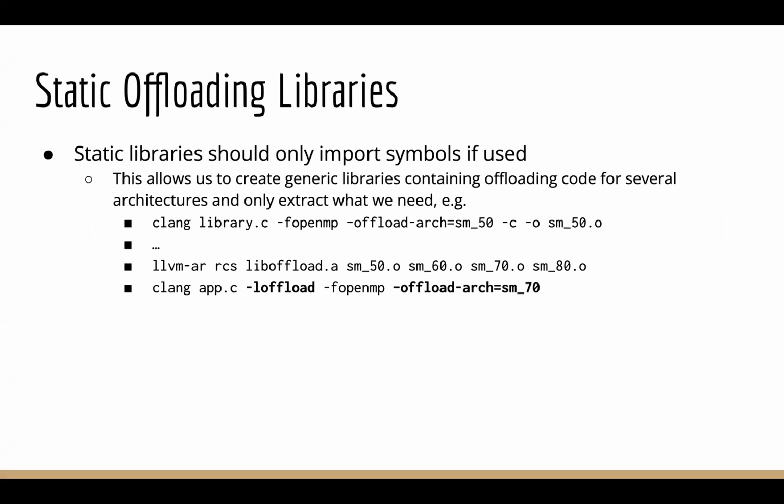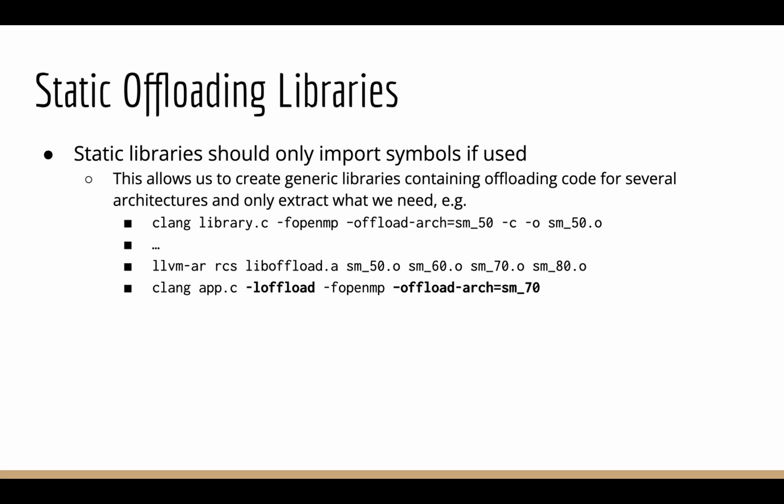We can use that semantic behavior to have someone create a generic library that could contain device code for many different target architectures, such as SM50 or SM80, and then we can put those all inside of a single static offloading library. You can see the examples here, we can simply compile this library with these options to create the static library.